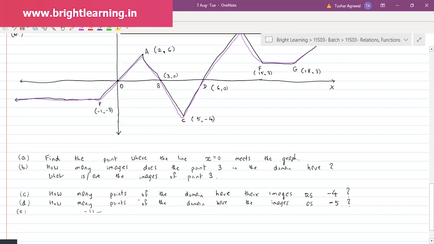How many points of the domain have their images as -3? How many points of the domain have their images as 0?